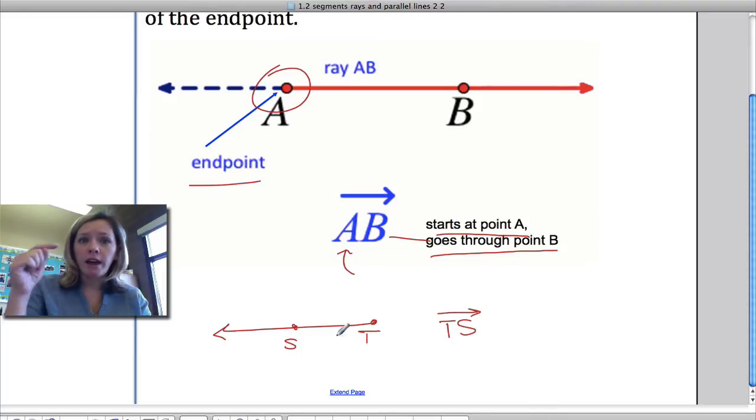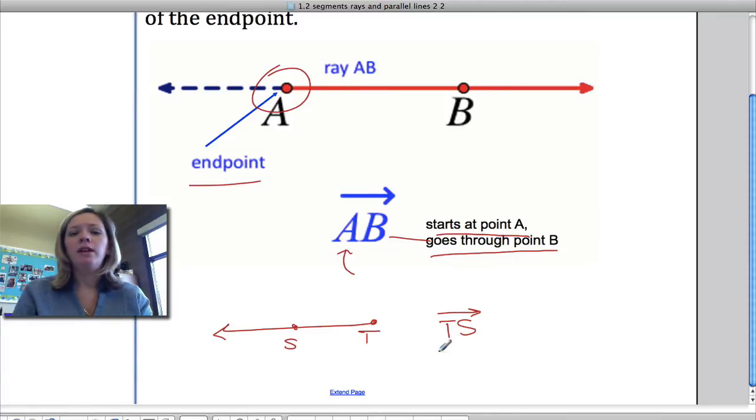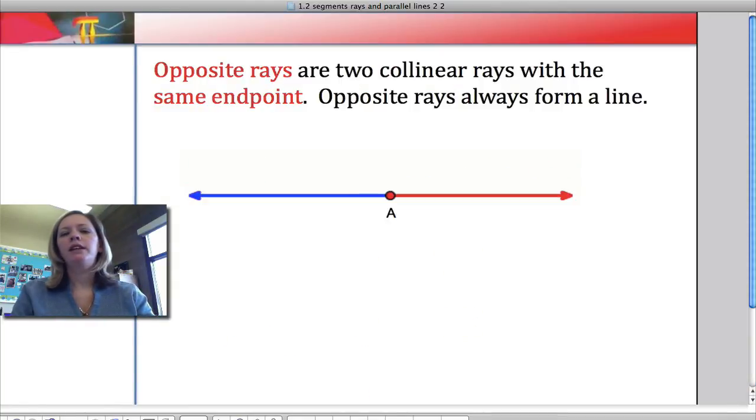Even though my ray is pointing to the left, when I'm drawing the symbol, the arrow always points to the right. So that might be something that you put in for like a little note here. Arrow points to the right. Always. Okay?